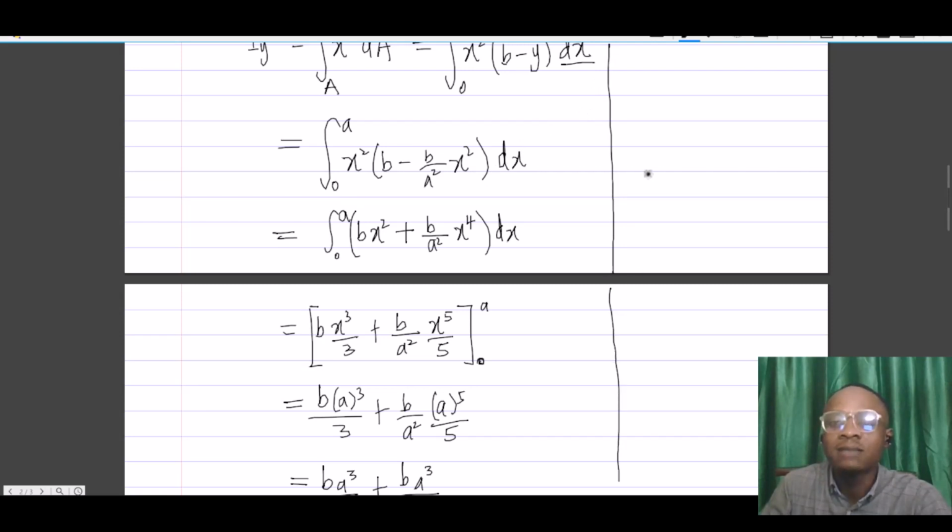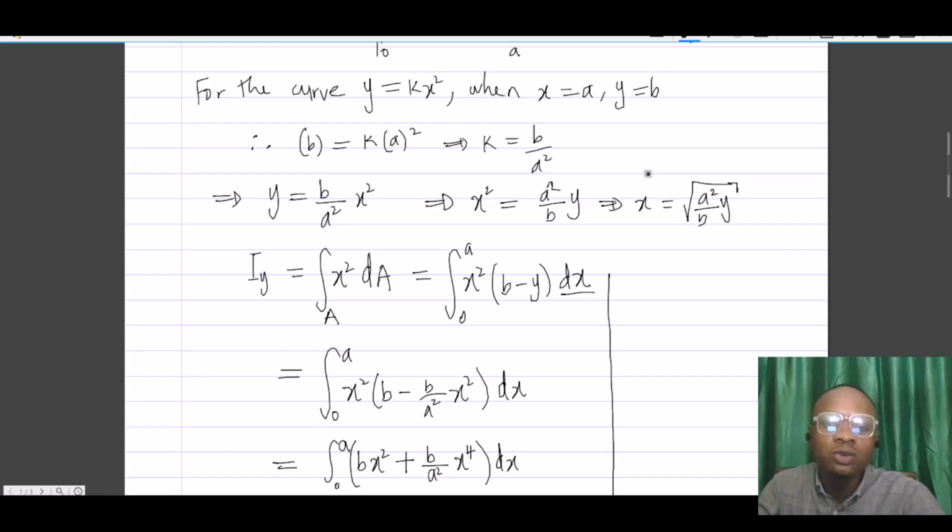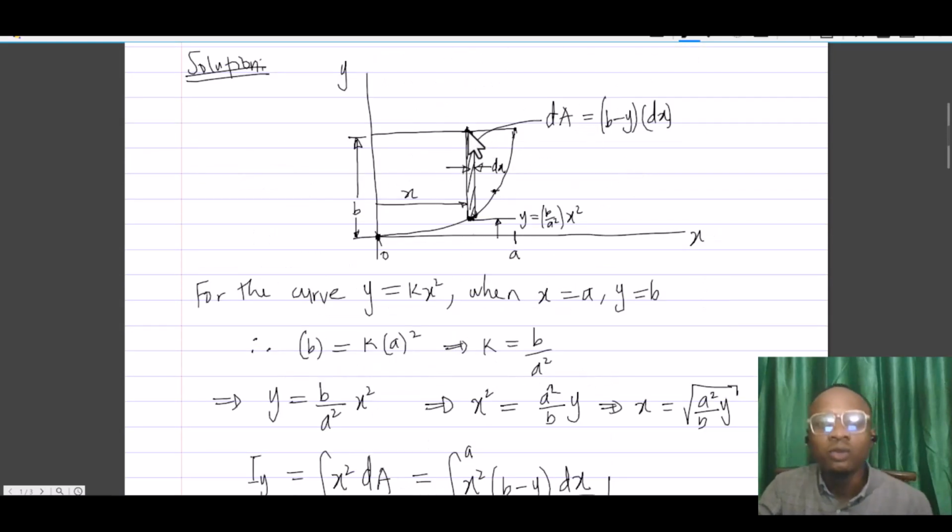Let's try to do that by this side. We know this is a rectangle. I mean, it is being approximated as a rectangle. So we know already that for a rectangle, we can get its moment of inertia. That means that instead of using the A, that is, instead of getting the area of this elemental area, why don't we just get the moment of inertia of this elemental area, then integrate over the entire area.